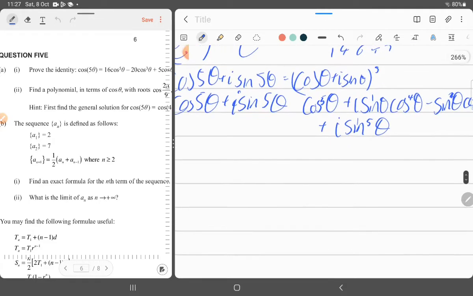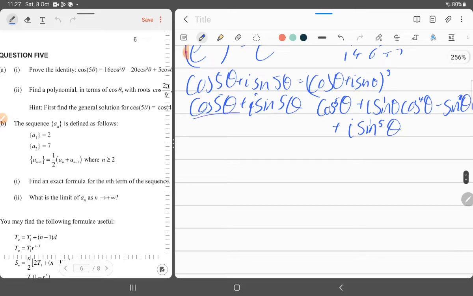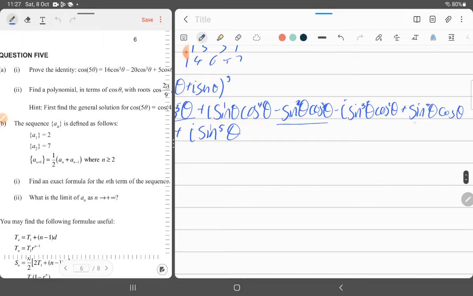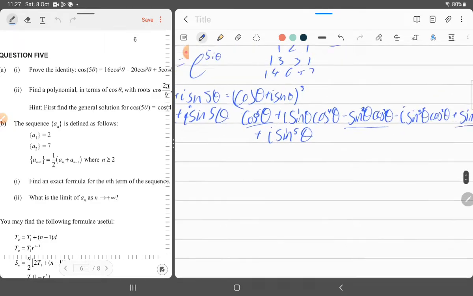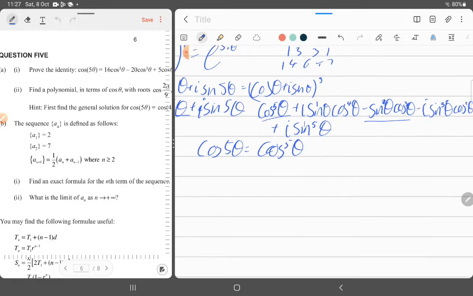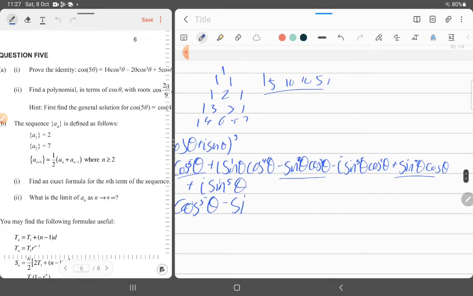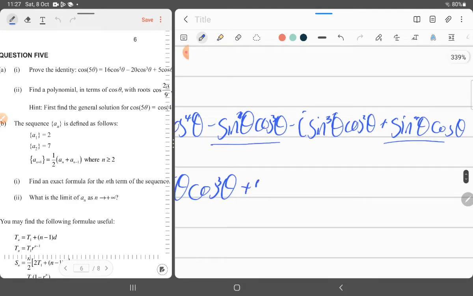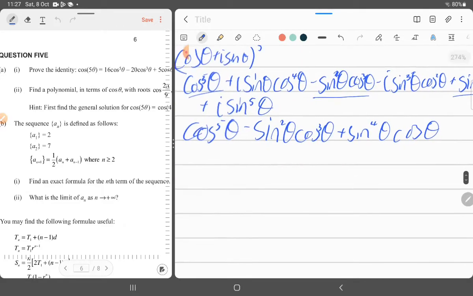So let's pair the real parts with real parts. So cosine 5 theta with cosine to the power 5 theta, take away sine squared theta cosine cubed theta plus sine to the power 4 theta cosine theta. So cosine to the power 5 theta, minus sine squared theta cosine cubed theta, plus sine to the power 4 theta cosine theta.